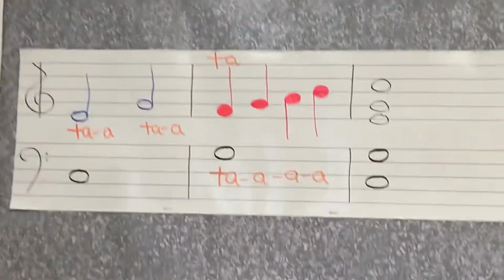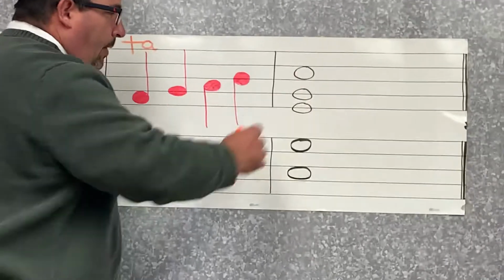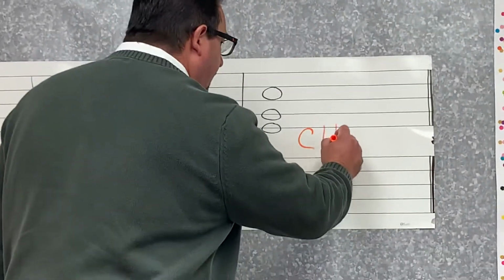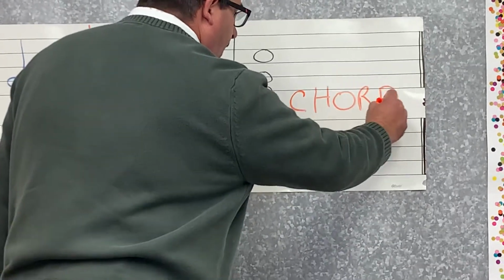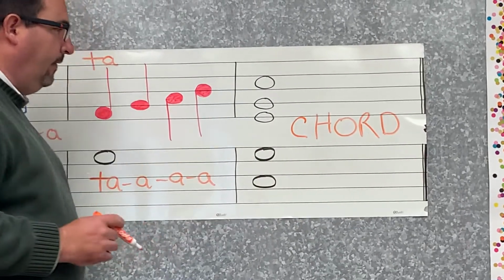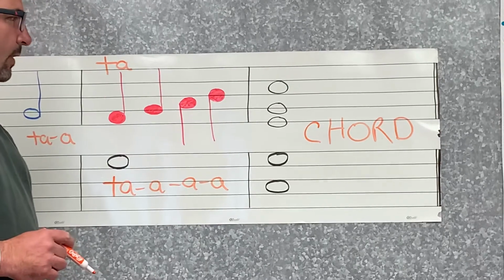And that's a sound that we hear very often in music, and this group of notes makes up a chord. We have 2 notes in the bass clef in this chord and 3 notes in the treble clef.